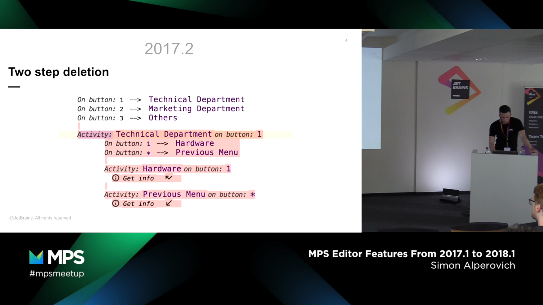The next feature is the two-step deletion. Sometimes it is hard to predict what will happen when you press delete in MPS, because it's not a text editor, it's a projectional editor, especially for newbie users.